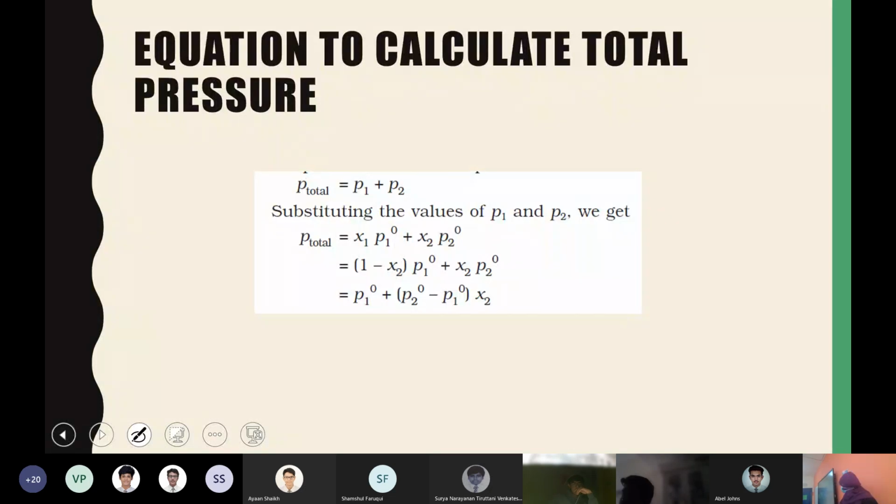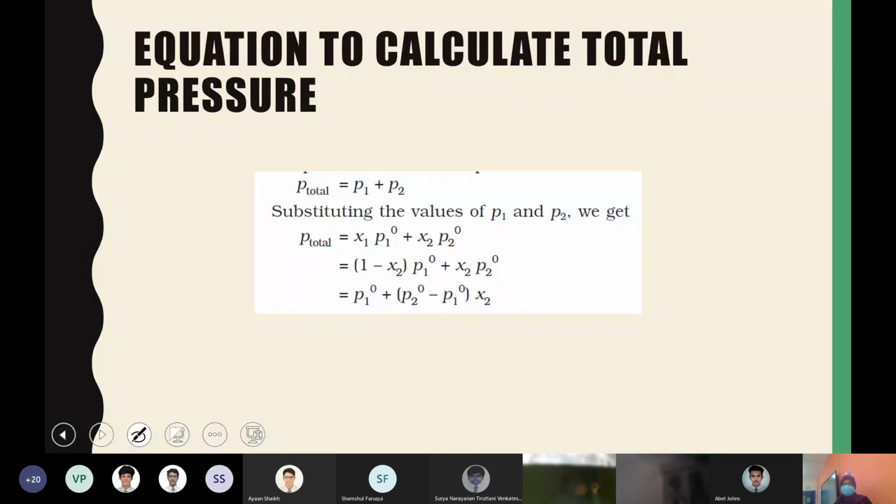Now, when we look into the... yeah. So in the last slide, we have seen the equation P total is equal to P1 plus P2.